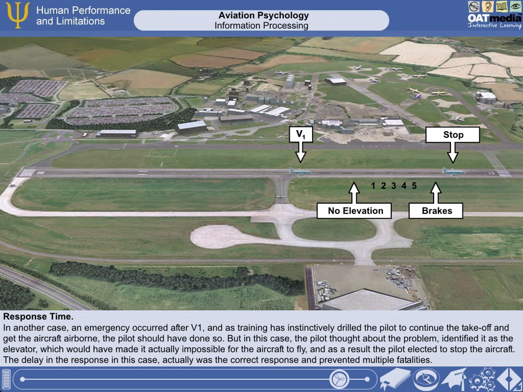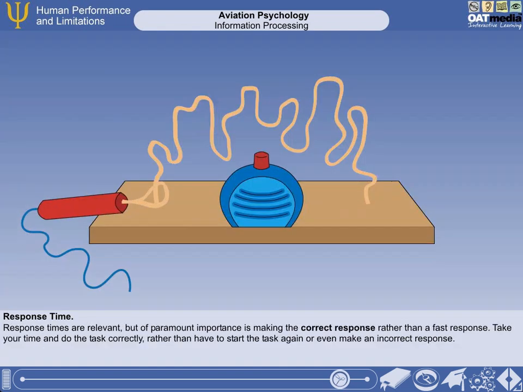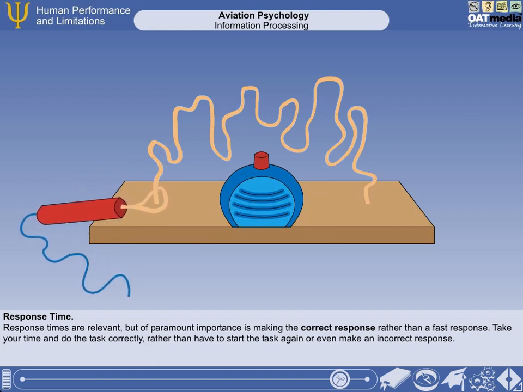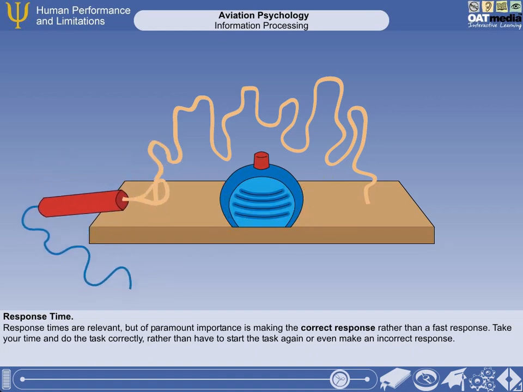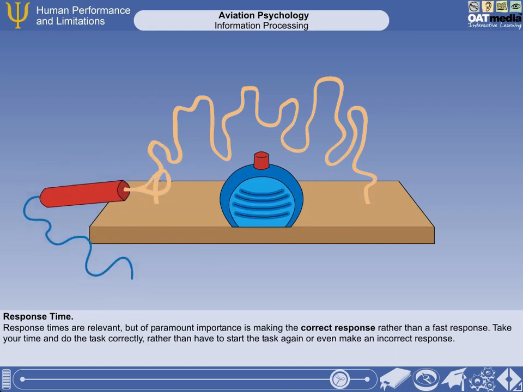The delay in the response in this case actually was the correct response and prevented multiple fatalities. Response times are relevant, but of paramount importance is making the correct response rather than a fast response. Take your time and do the task correctly, rather than have to start the task again or even make an incorrect response.